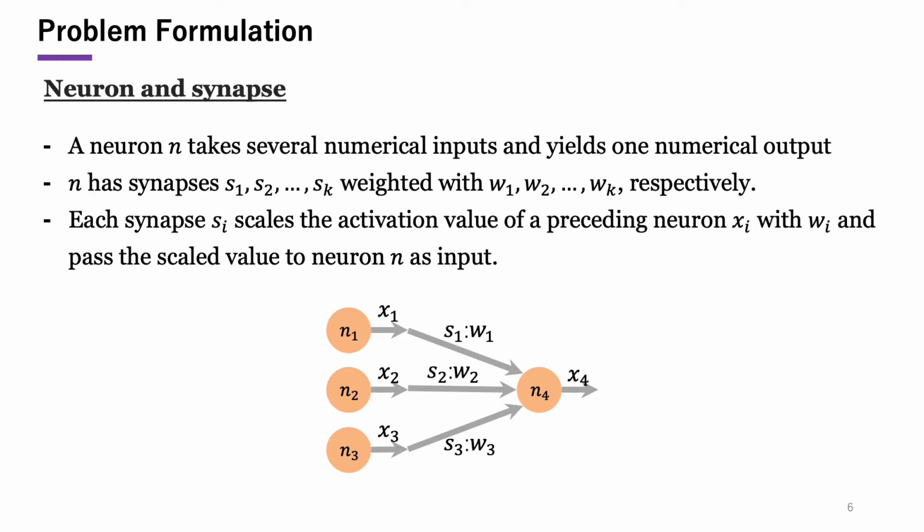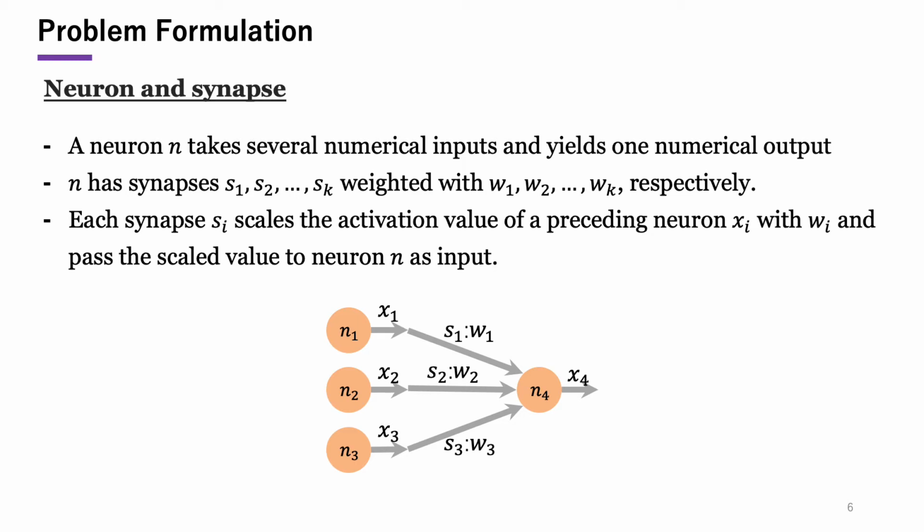To explain our technique, we first formulate the problem. We consider one neuron N to take several numerical inputs and yield one output. A neuron N has synapses S1, S2 to Sk that are weighted with W1, W2 to Wk.